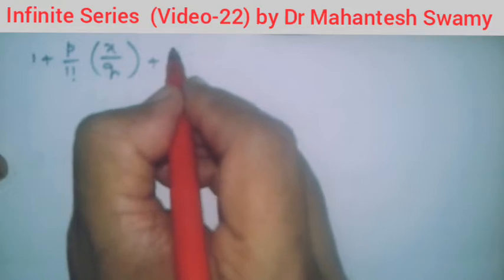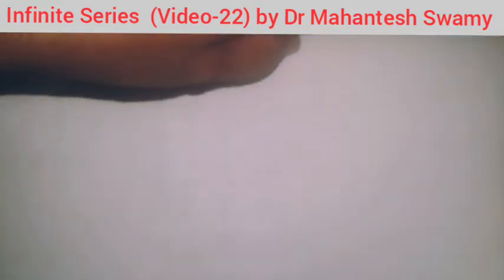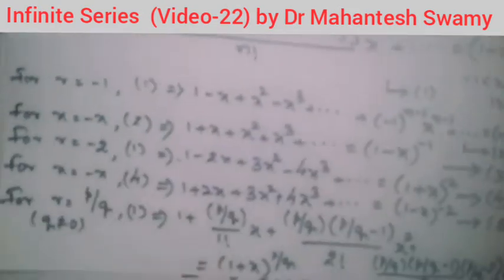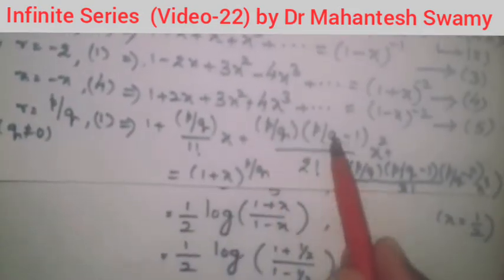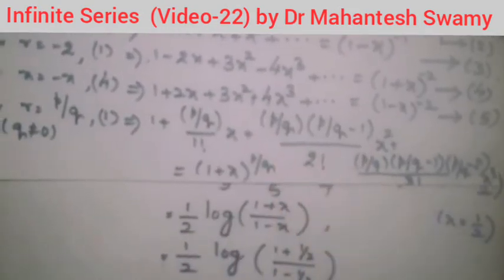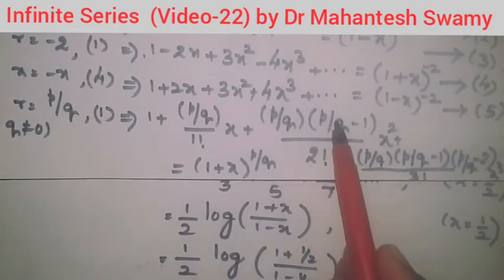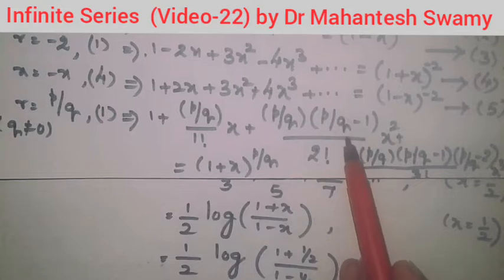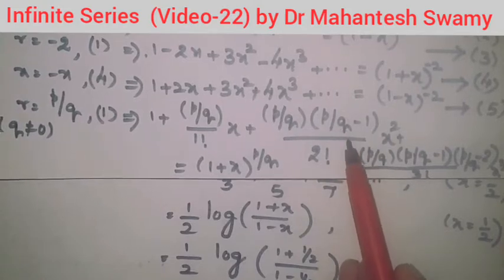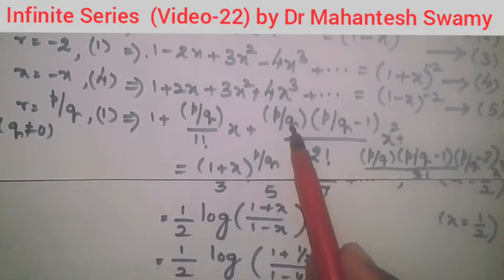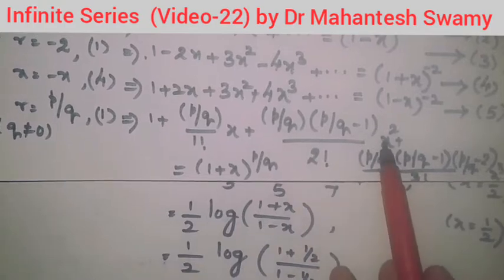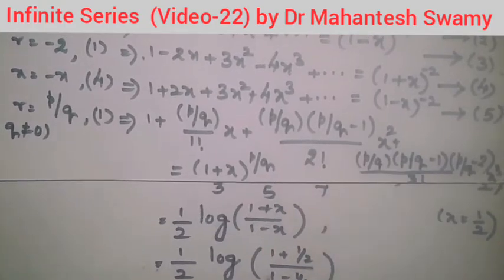That q and the earlier q become q square, which we write with x square.